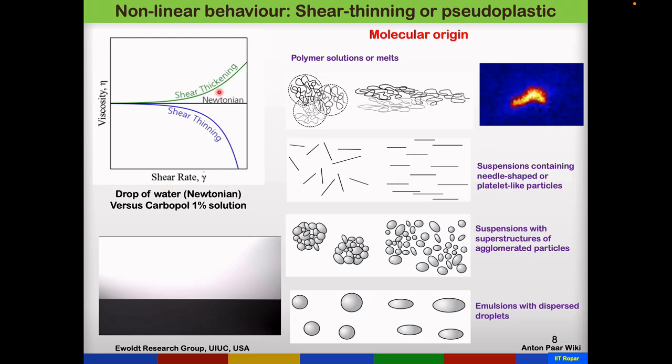Now let's see at the molecular level what is happening, and why this shear thinning or shear thickening behavior occurs. You can take the simple example of polymer solutions, where you have solvent and polymer molecules present in it. When you apply some deformation or force to this solution, the molecules inside the polymer solution will be stretched and aligned.